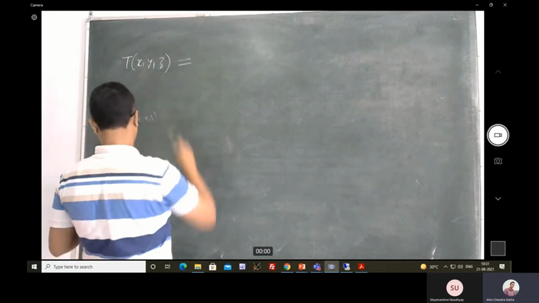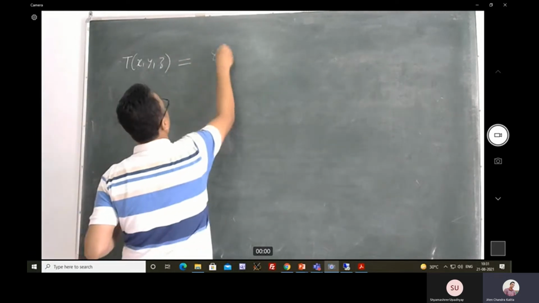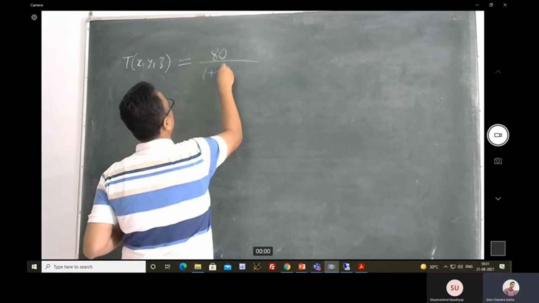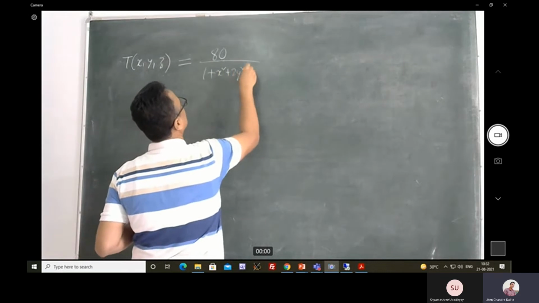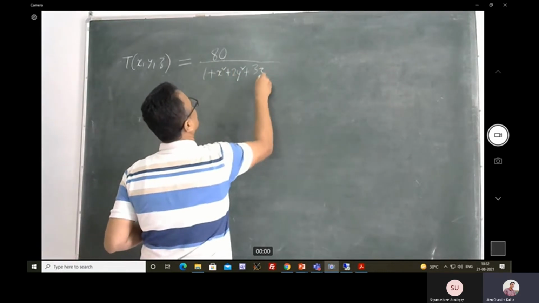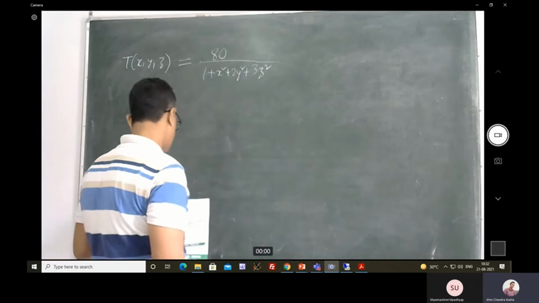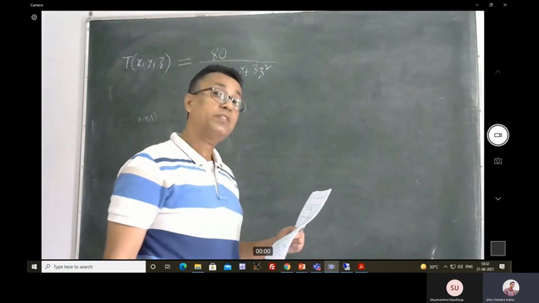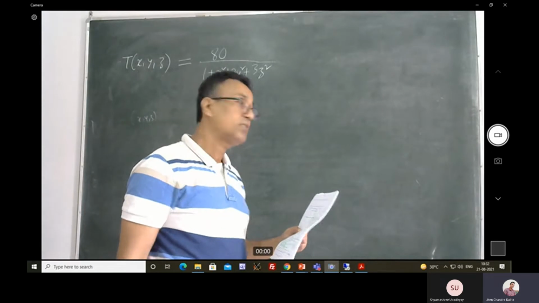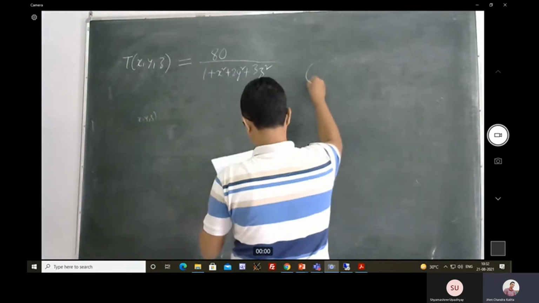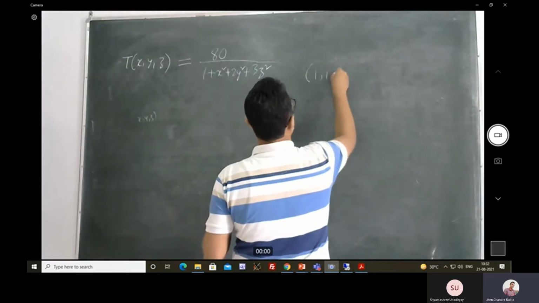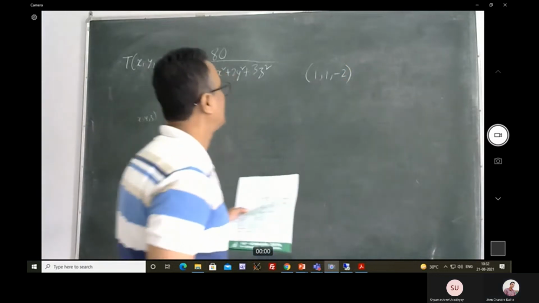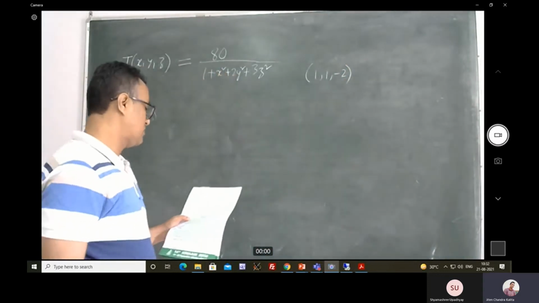Suppose T(x, y, z) is simply given by 8 by 1 plus x squared plus 2y squared plus 3z squared. Then the question is, in which direction does temperature increase fastest at the point (1, 1, minus 2)?